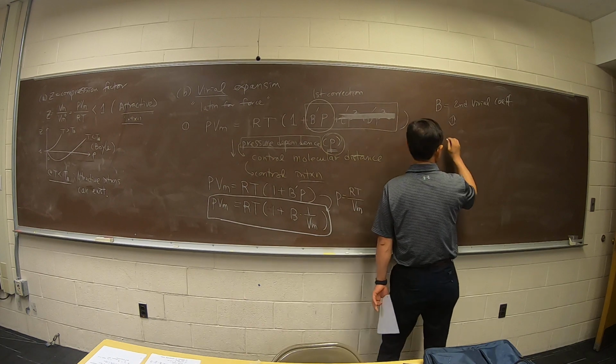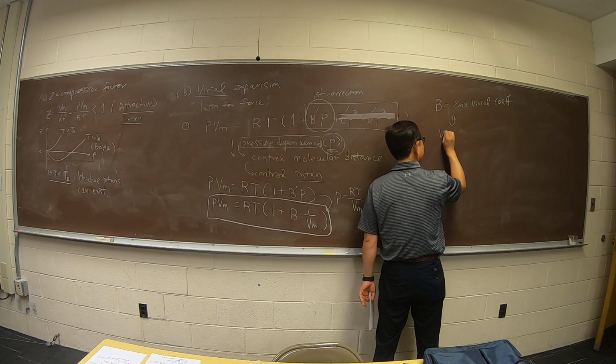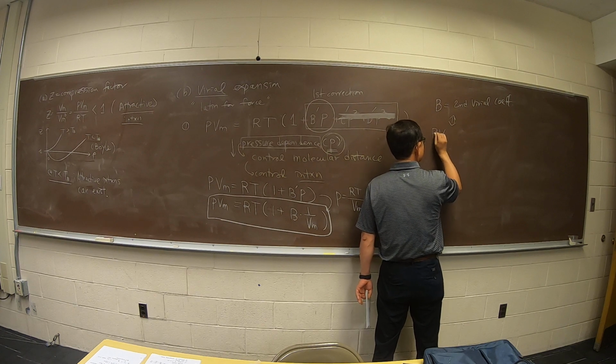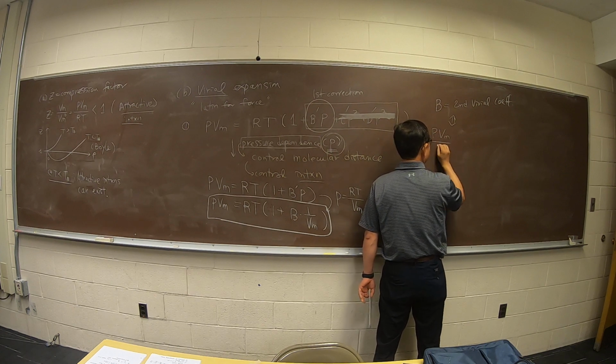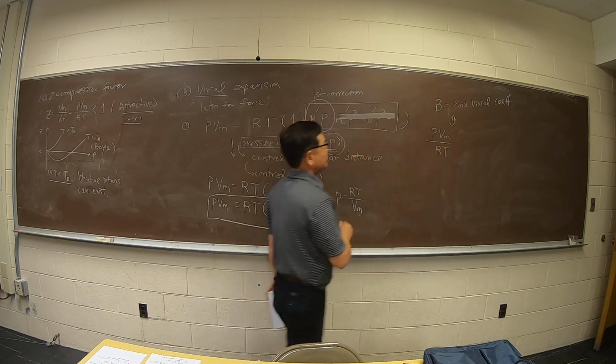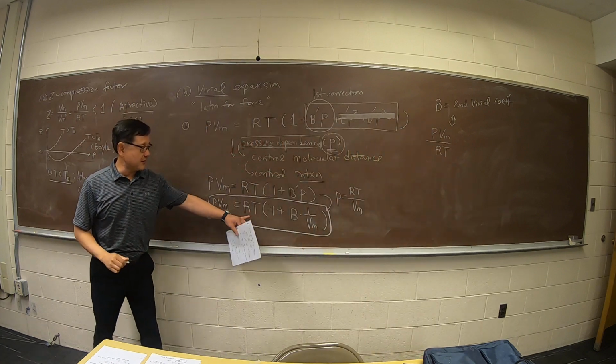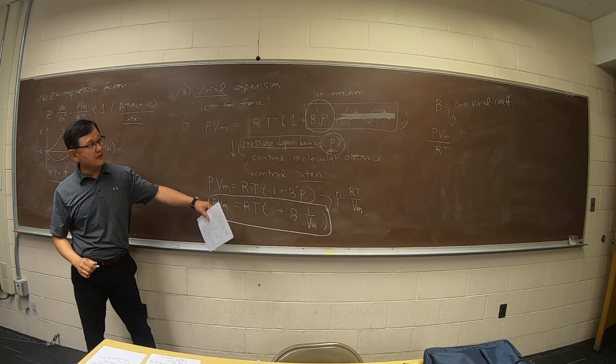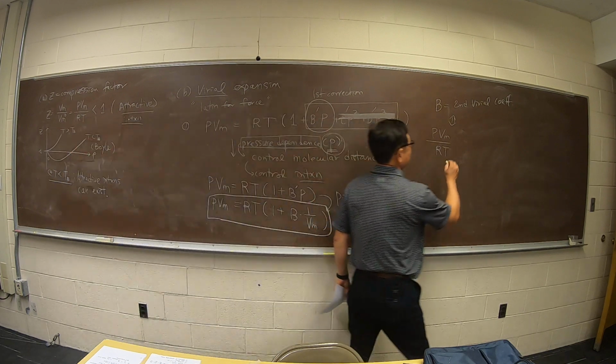Look at this equation. I'm going to write this equation down as P over RT. Can I do this? If I divide both sides of the equation by RT, I can get this one.